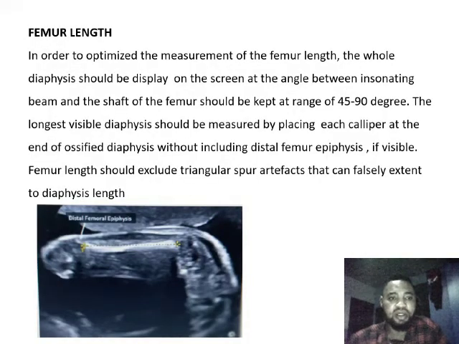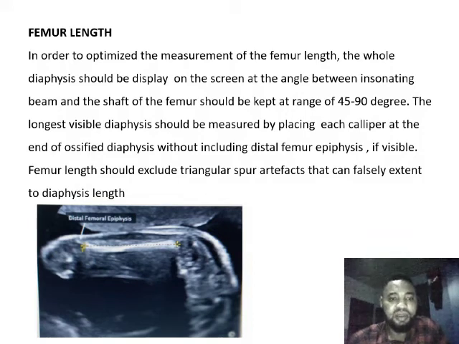Femur length. In order to optimize the measurement of the femur length, the whole diaphysis should be displayed on the screen, and the angle between the insonating beam and the shaft of the femur should be kept in the range of 45 to 90 degrees.